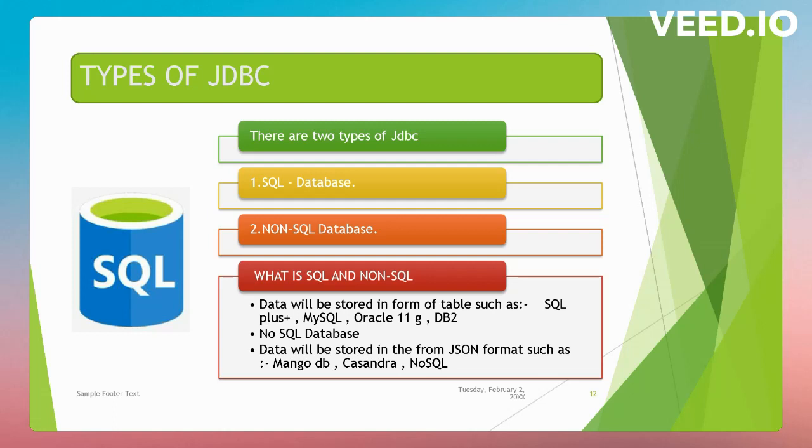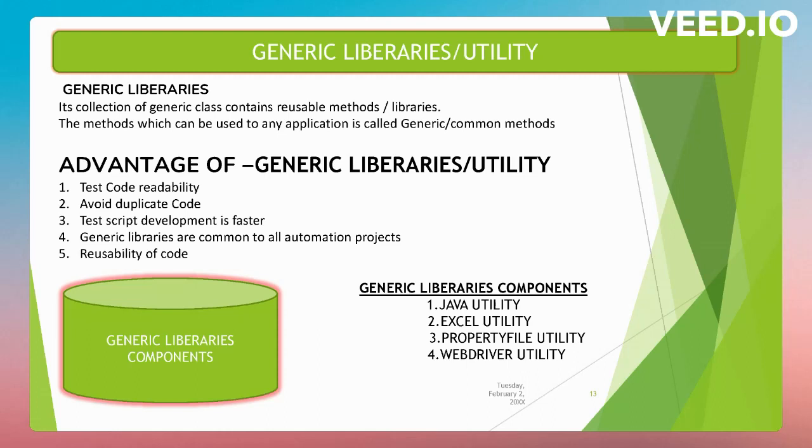Next is the generic library utility. The generic library is a collection of generic classes containing reusable methods. Basically we make folders like generic library in our Maven framework.